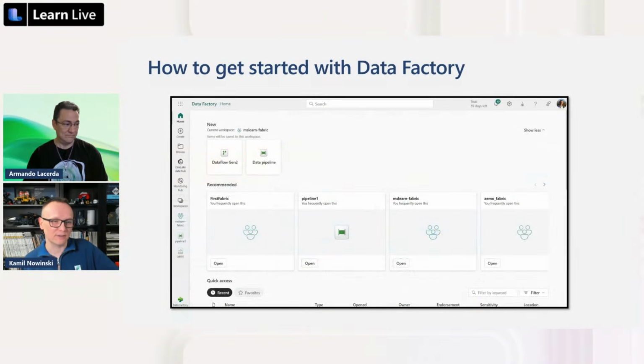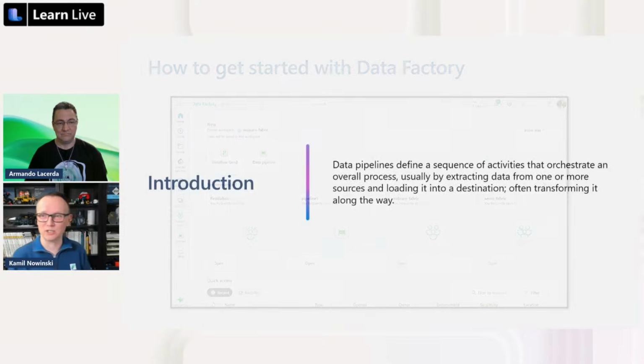And if we click Data Factory, then we can create new objects, like Dataflow Gen2 or a data pipeline. We will not be focusing on Dataflow Gen2 today, but we'll show you data pipelines, which is the first thing when you're building any orchestration or ingestion and so on. And we'll explain this a little bit more during the demo actually.